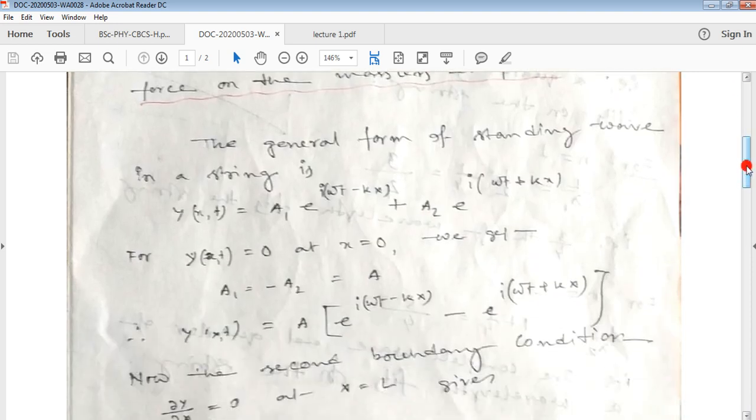So we know the general form of standing wave in a string is y(x,t) equal to A1 e to the power i(omega t minus kx) plus A2 e to the power i(omega t plus kx). Here A1 and A2 are the amplitudes of the two waves, omega is the angular frequency, and k is the wave vector.